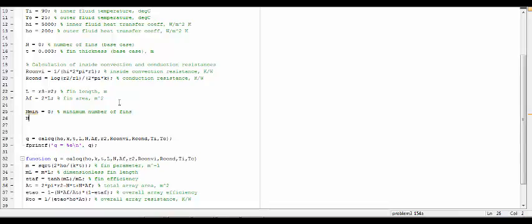And the maximum number of fins is that which satisfies the requirement that the number of fins times the thickness of the fins is less than 15 millimeters. So what we're going to do then is say this is going to be 15 millimeters, or 0.015 meters, divided by thickness t. Now this may not be a round number, so we're going to use the floor command to reduce this to a round number.